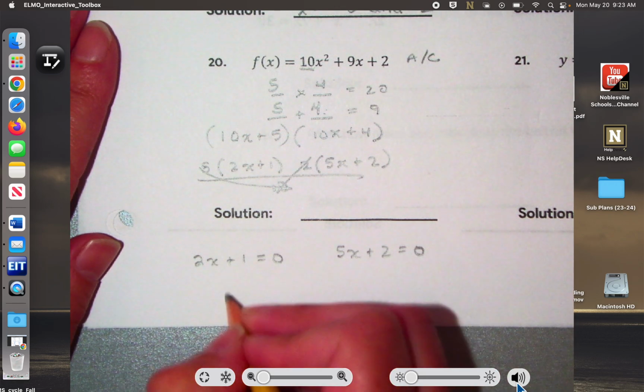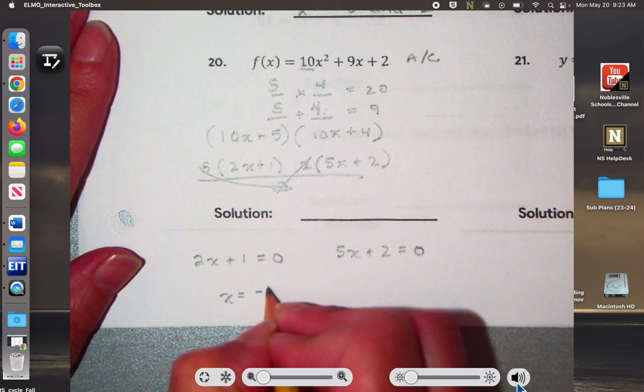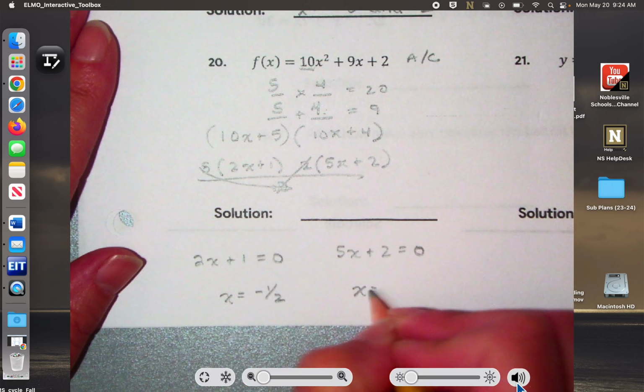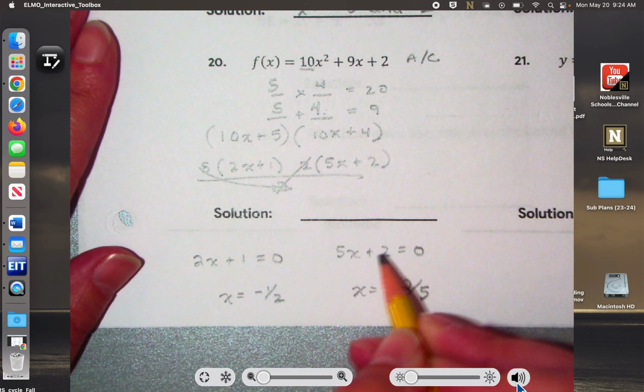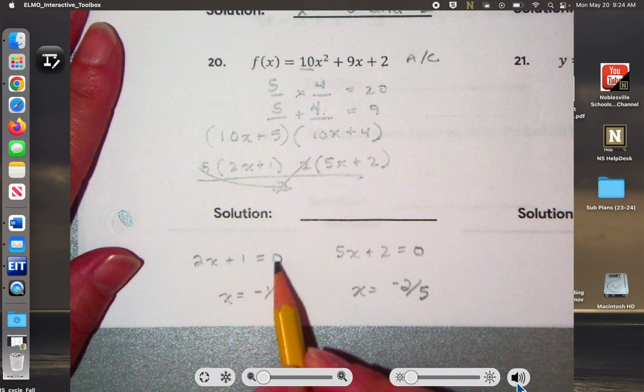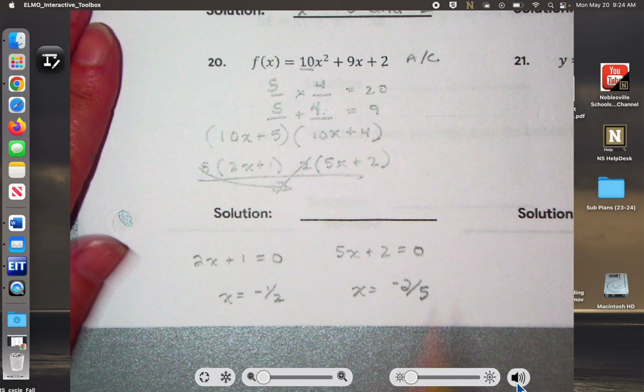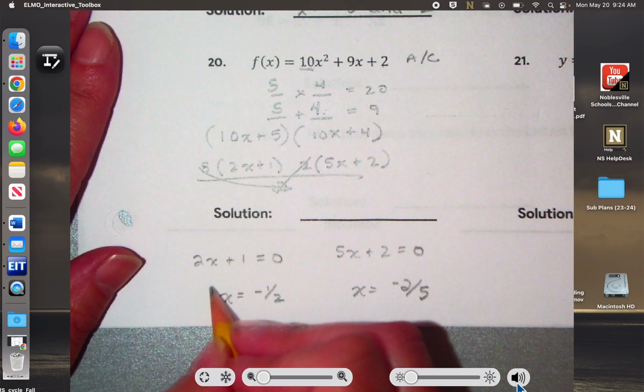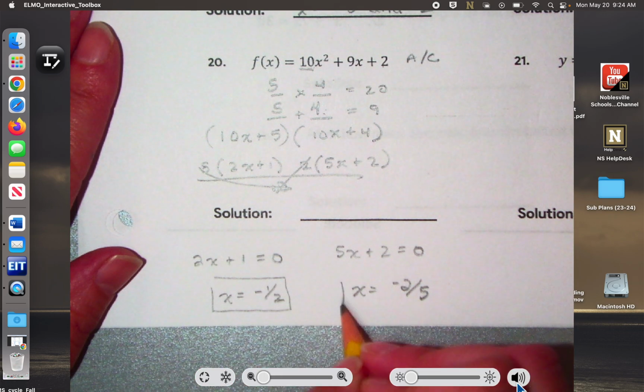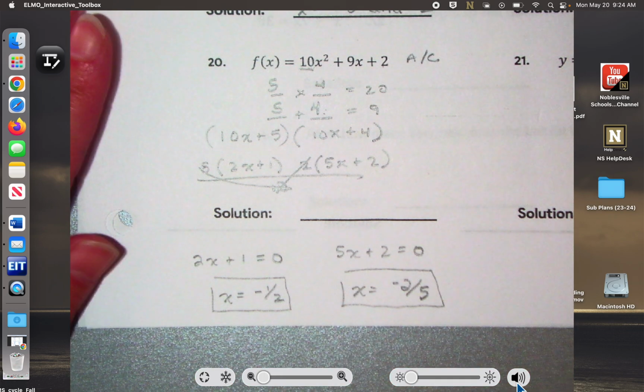So once I do all of that, I'm going to get x equals negative 1/2, x equals negative 2/5, because I would subtract the 2, divide by 5, subtract the 1, divide by 2. So those are my two x values. I'm going to go ahead and put a little border around those so they stand out better on your paper.